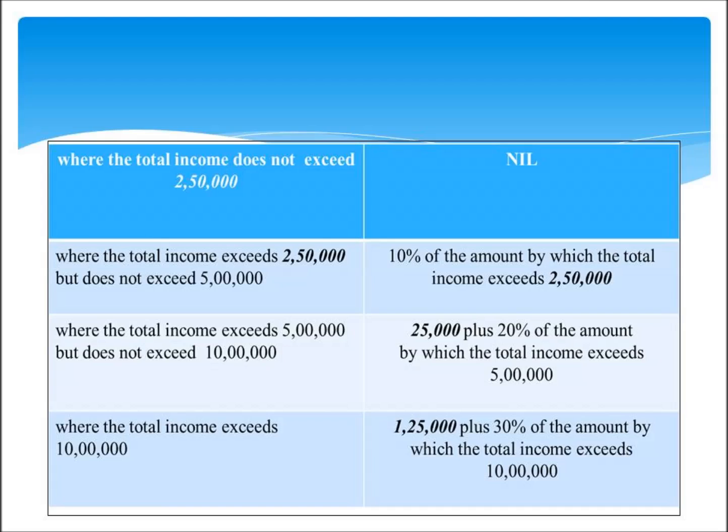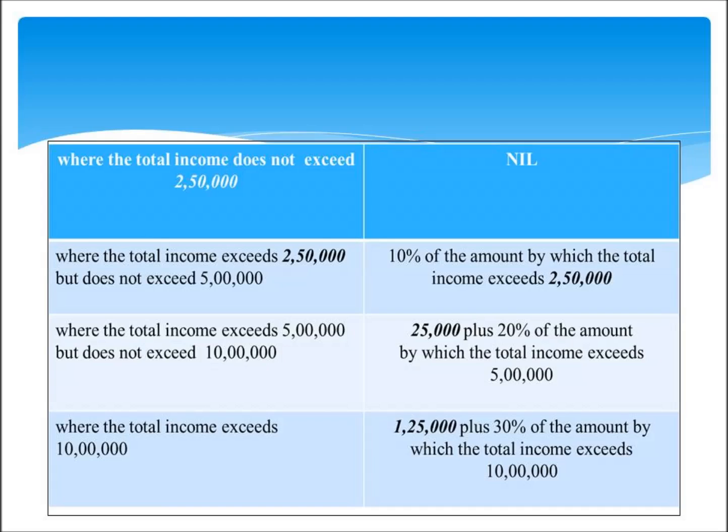So, what is the income over and above 2,50,000? That is 10,000. 2,60,000 minus 2,50,000. So 10,000 will be charged to income tax at the rate of 10%. So that will be equal to 1,000. So I'll be liable to pay only 1,000 as income tax to the government.